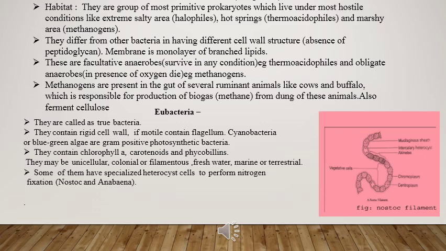These bacteria differ from other bacteria because they have a different cell wall structure. In these cell walls, peptidoglycan is absent. The membrane is made up of monolayer branched lipids. These bacteria are anaerobes and may be of two types.